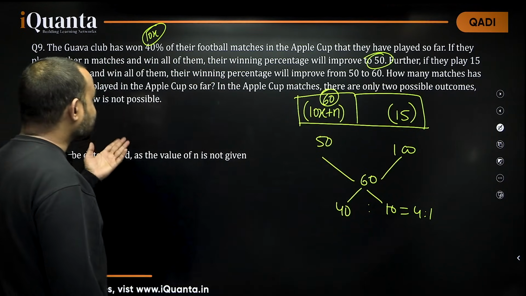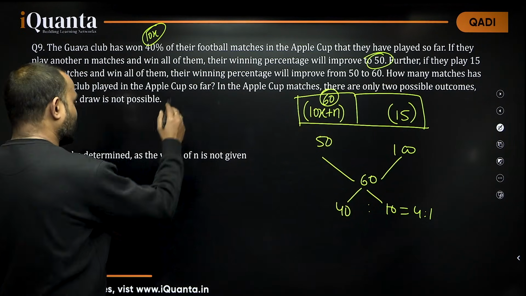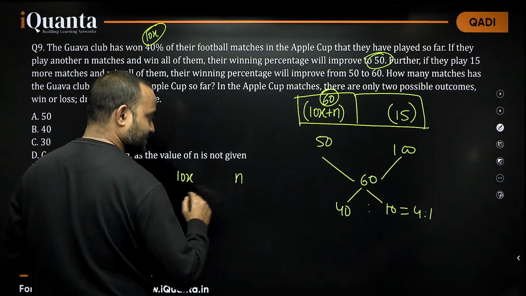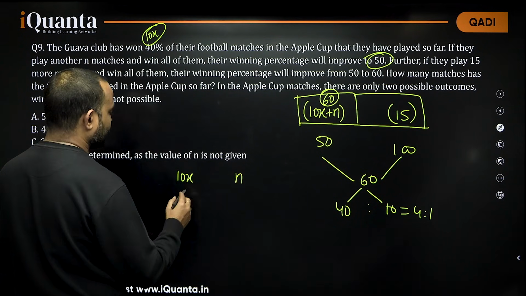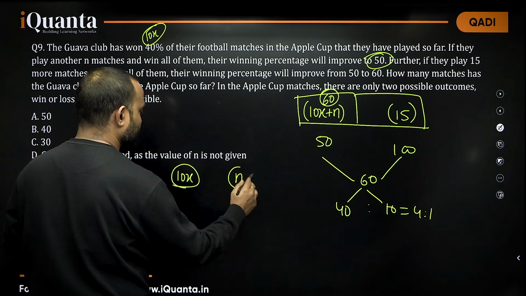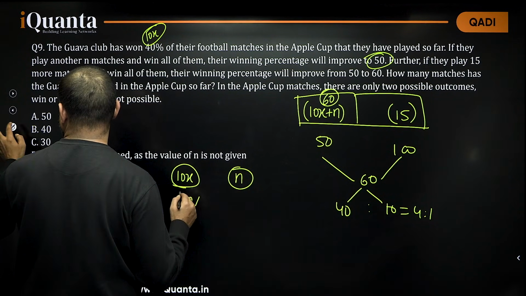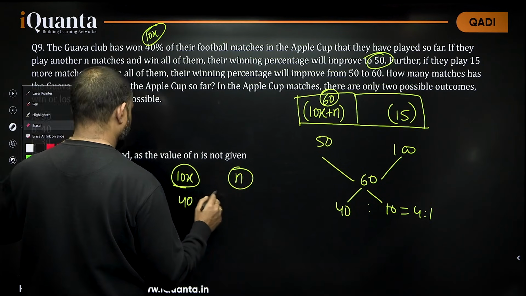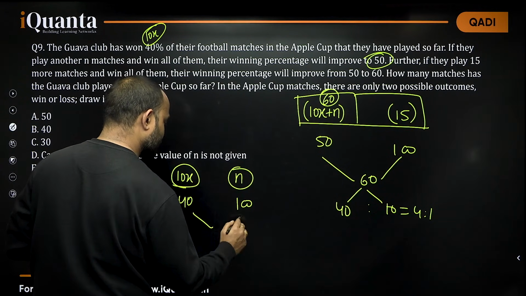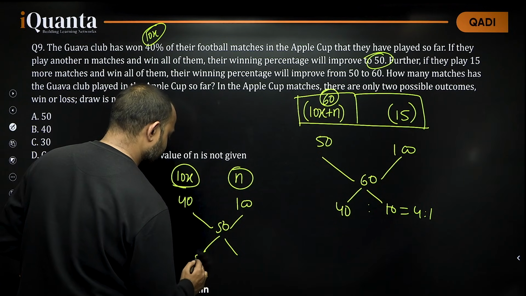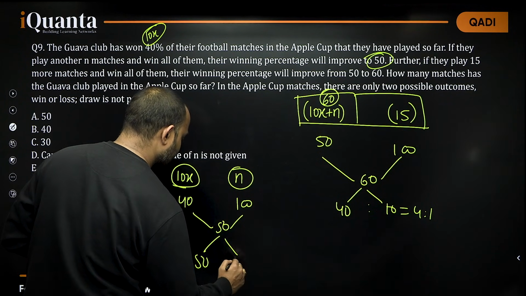Now let's again think about this. We have 40%, so 10X matches, and we have N matches, right? Here the winning percentage is 40%, here the winning percentage is 100%. And taking these two together, it should be 50%. So 100 minus 50 is 50, 50 minus 40 is 10.